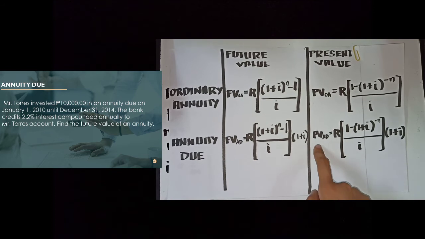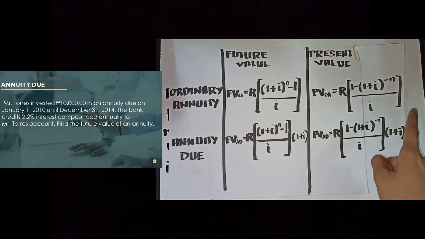While the present value of an annuity due is equal to R multiplied by the quantity (1 minus 1 plus i raised to negative n) over i, then multiply by 1 plus i.